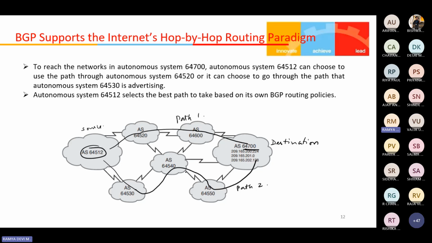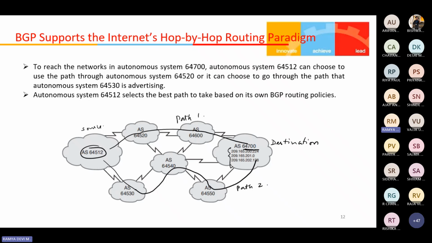So the destination network is in 64700. These are the networks connected and they follow the same policies and protocols. So all these things are grouped under a single autonomous system, which is numbered 64700.